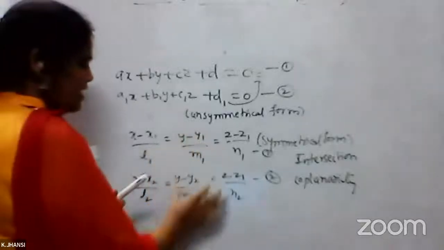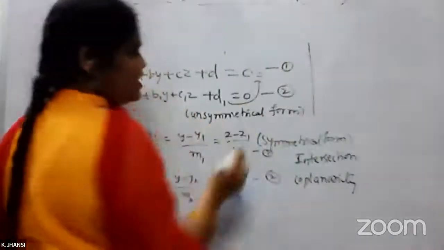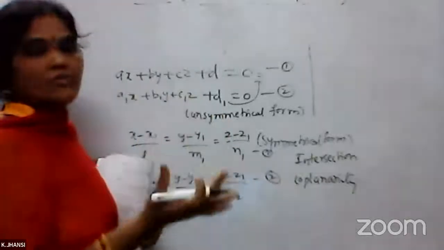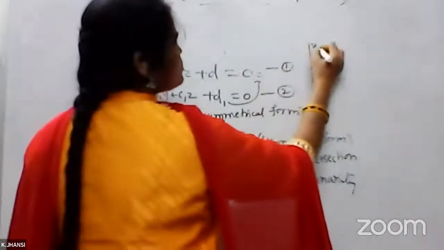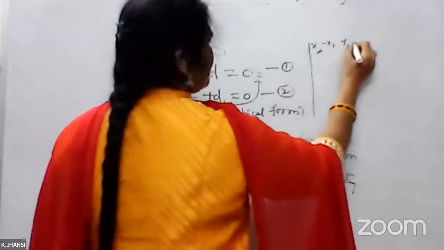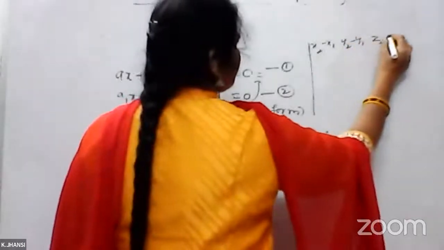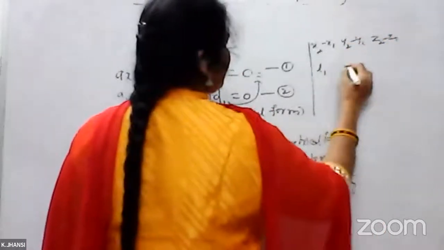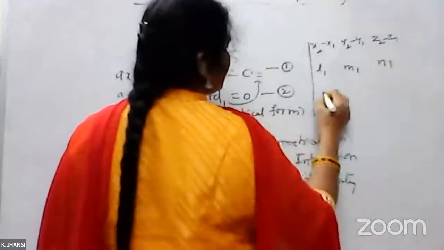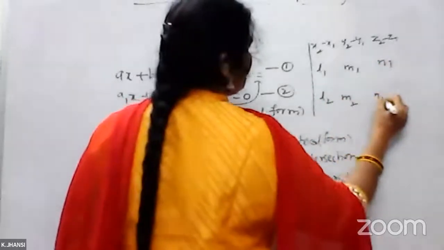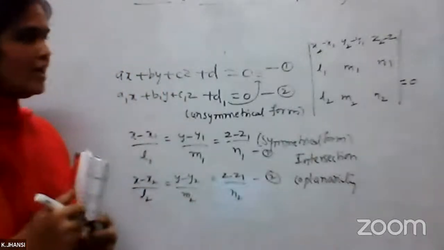So when two lines are given like this, the condition for intersection or the condition for coplanarity is the determinant x2 minus x1, y2 minus y1, z2 minus z1, L1, M1, N1, L2, M2, N2. If this determinant is equal to 0, you know how to find the determinant.